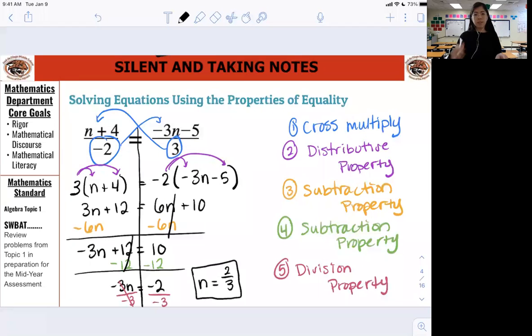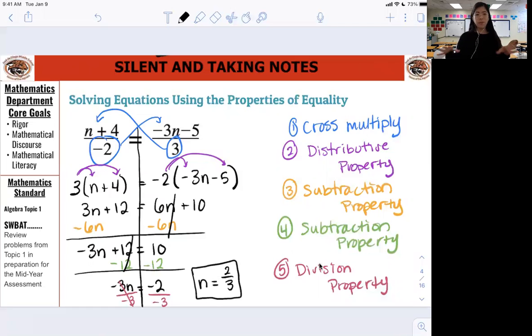All right, so this one was definitely a little more challenging, especially that first step with the cross multiplication. So what questions do you guys have for me? What if we're dividing by a fraction in the first step? Yeah, anytime you have a fraction in the very beginning, that's the first thing you want to get rid of.